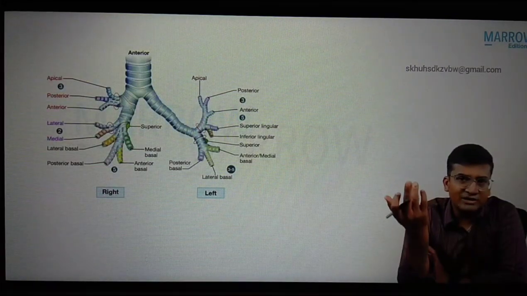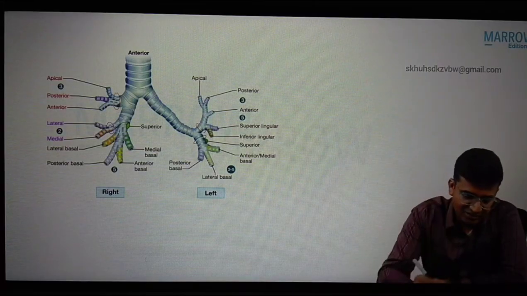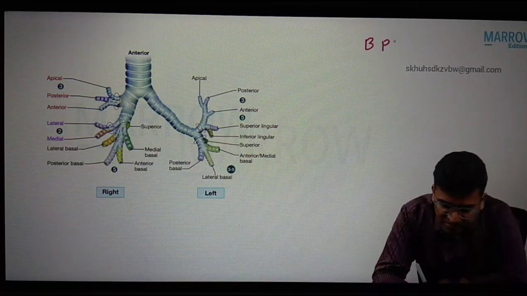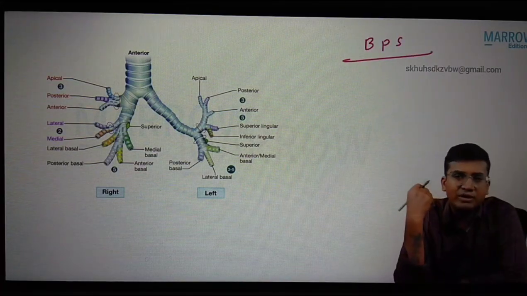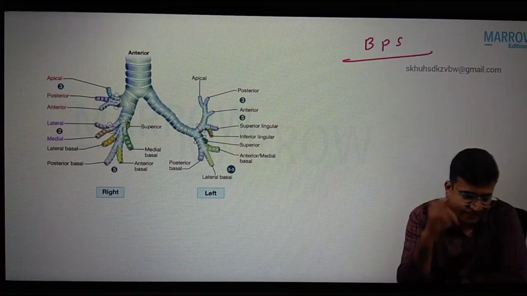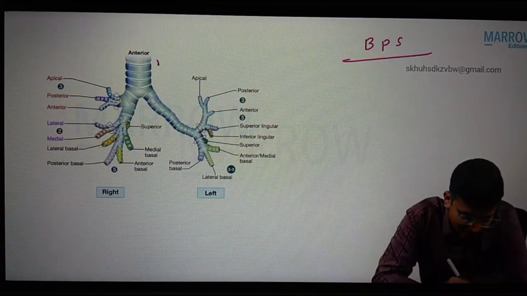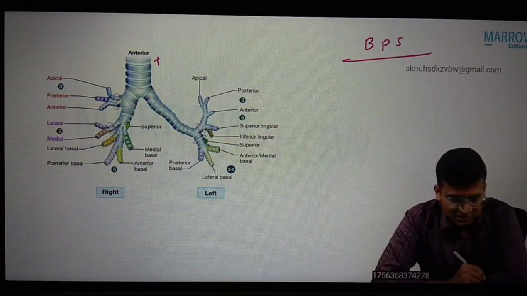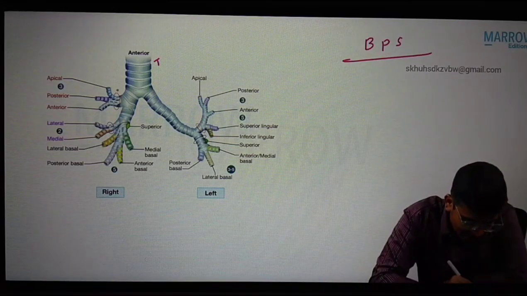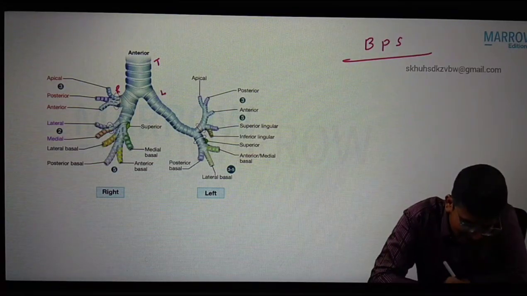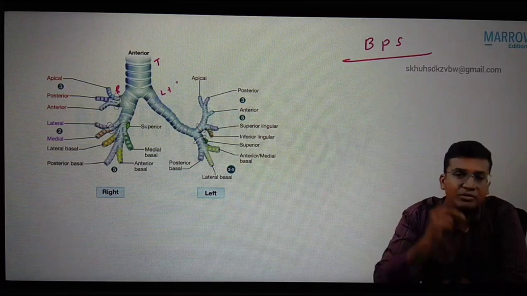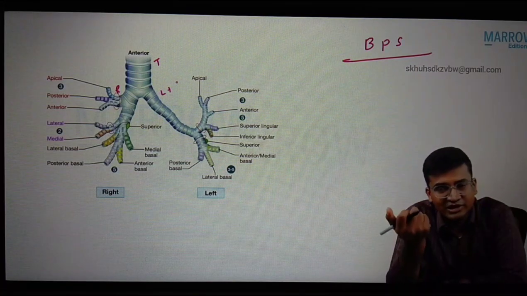So one last topic in the lungs is the bronchopulmonary segment. Now what is meant by bronchopulmonary segment? Now see the diagram. Now this is trachea, and the trachea is bifurcating into right bronchus and the left bronchus. So right bronchus is more vertical in the trachea.